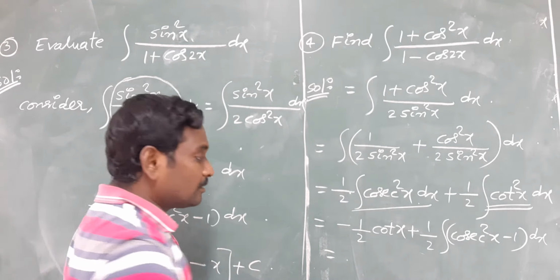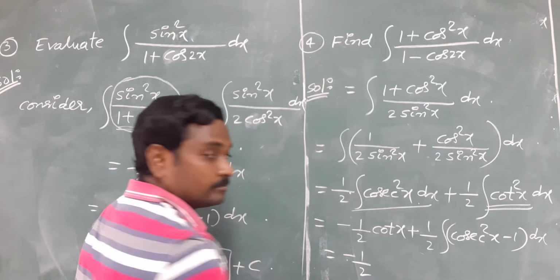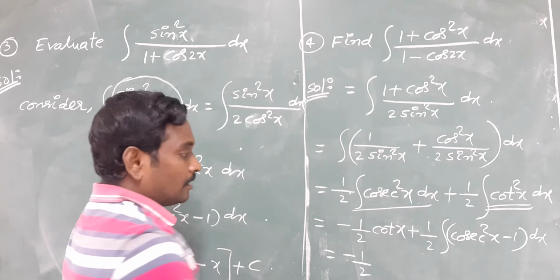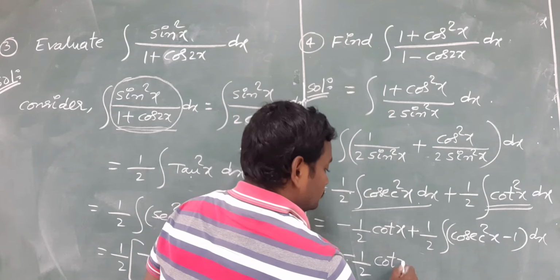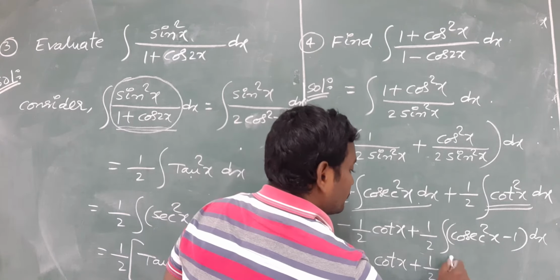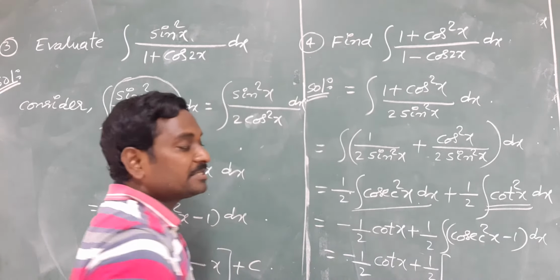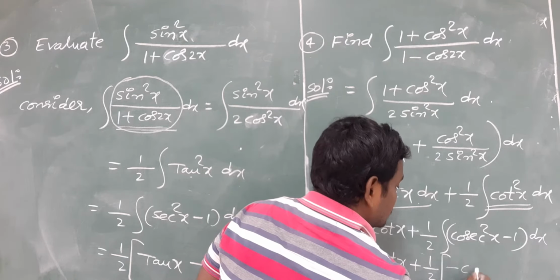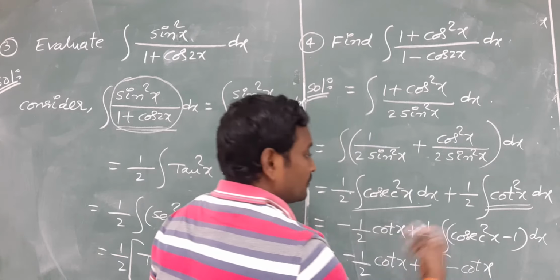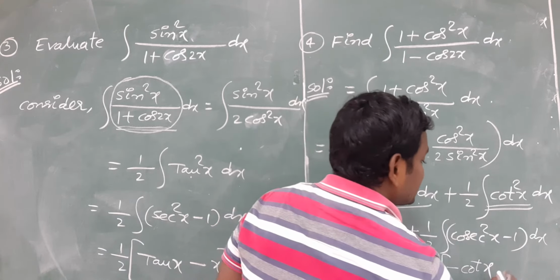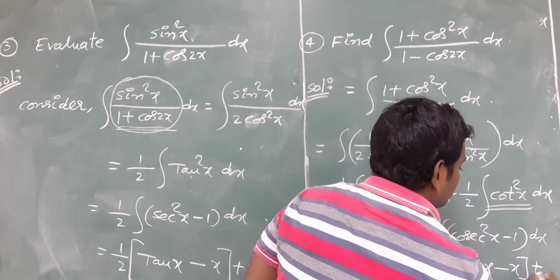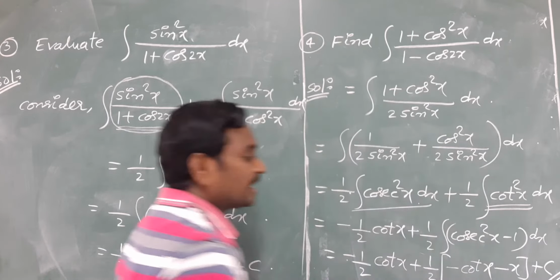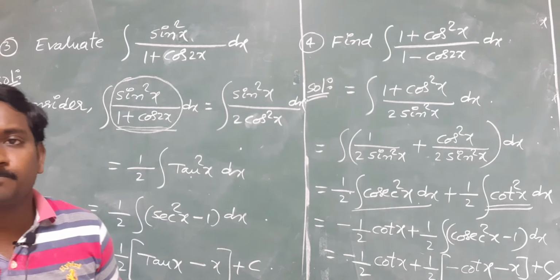That is equal to minus half into cot x plus half into, what is integration of cosecant square x? Minus cot x, minus integration of 1 dx is x. In this way we can complete the integration.